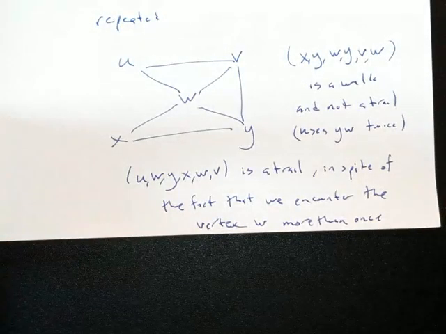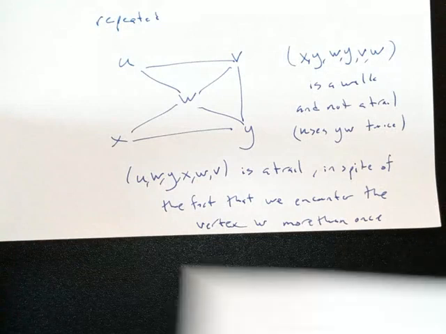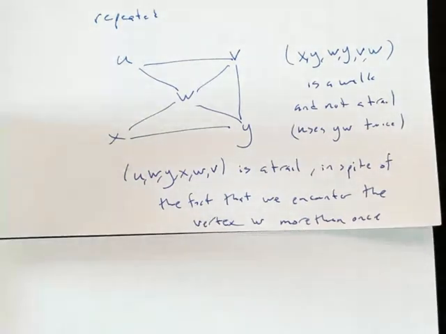So a trail only investigates whether or not we repeat an edge.